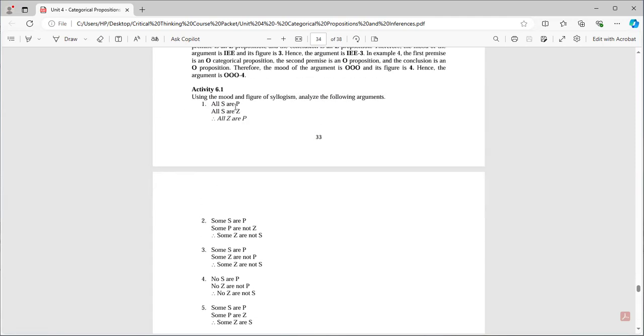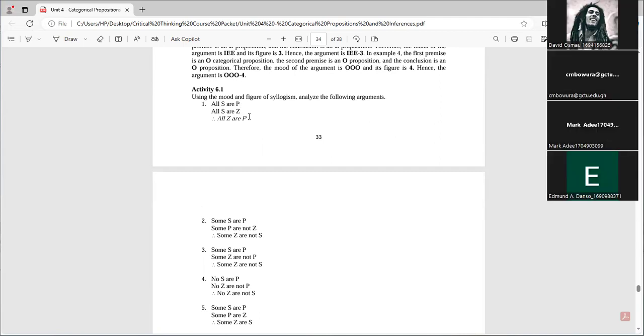This one. All S are P, all S are Z. Therefore, all Z are P. So this is a universal affirmative, universal affirmative, universal affirmative. What figure am I using here? So you have A dash what?